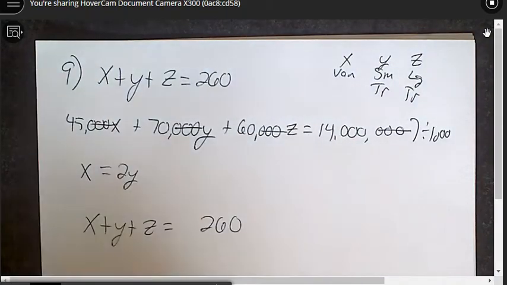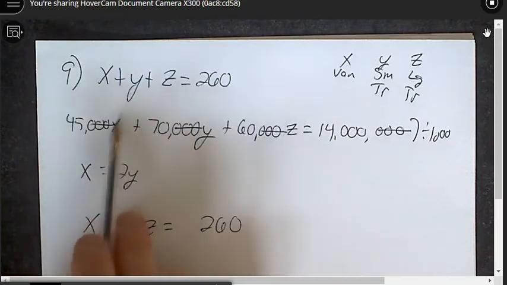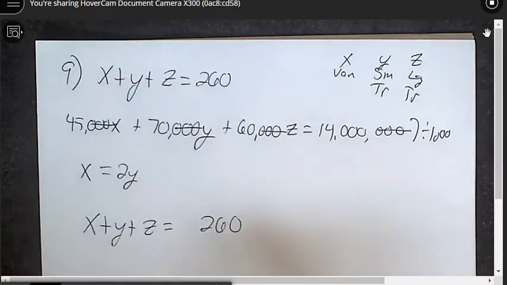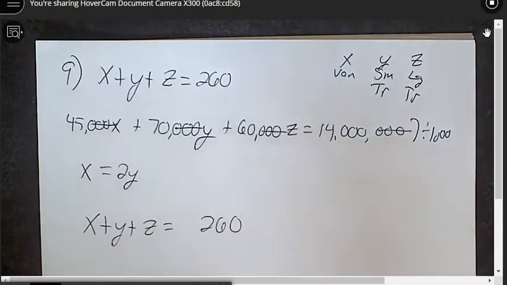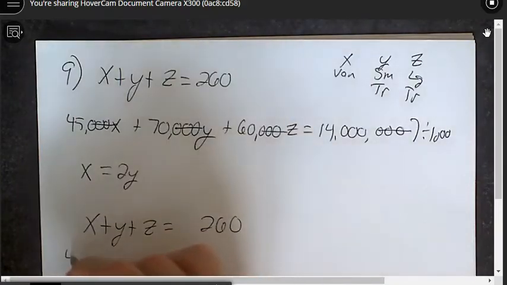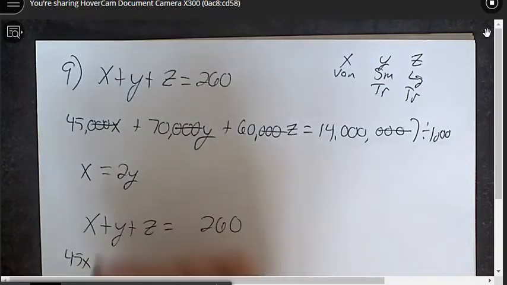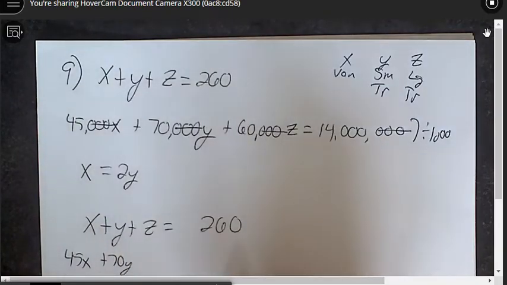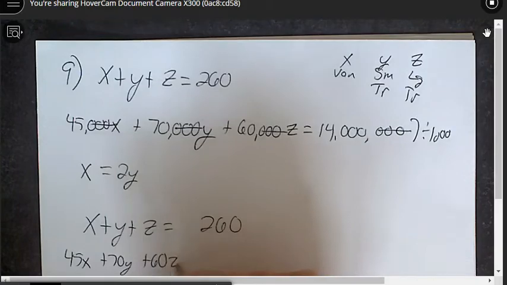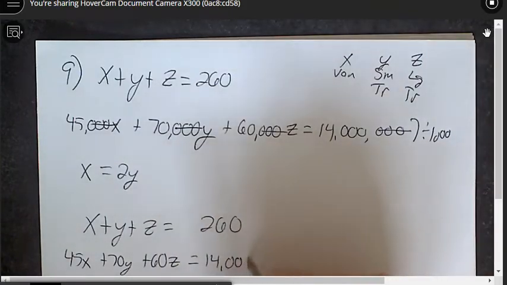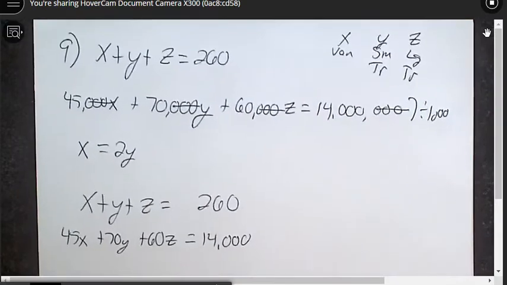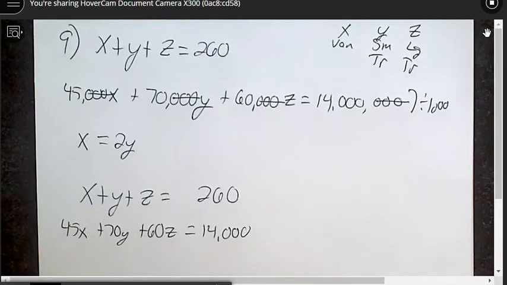Just like if we wanted to get rid of x here, we could multiply by 45,000. Or if these are all multiples of thousands, let's just knock that off. Let's make that 45x, let's make that 70y, and we'll make that 60z. And that would equal, instead of 14 million, now just 14,000. Those numbers are a lot easier to work with when we start multiplying everything together.